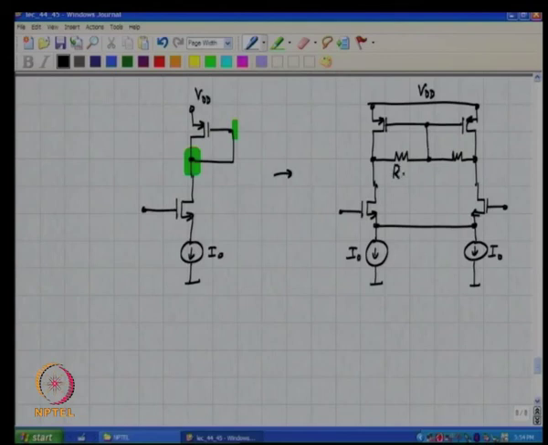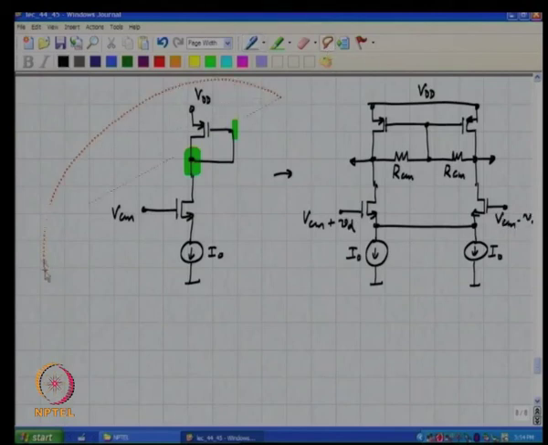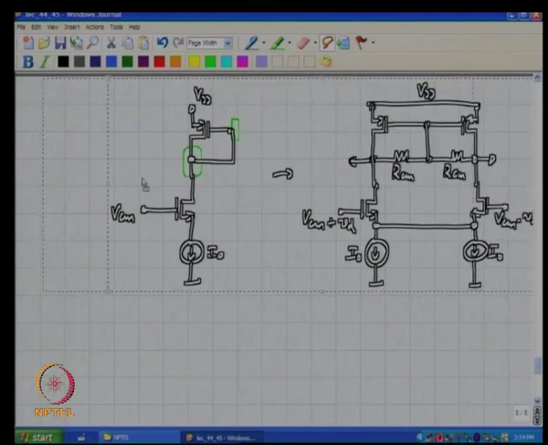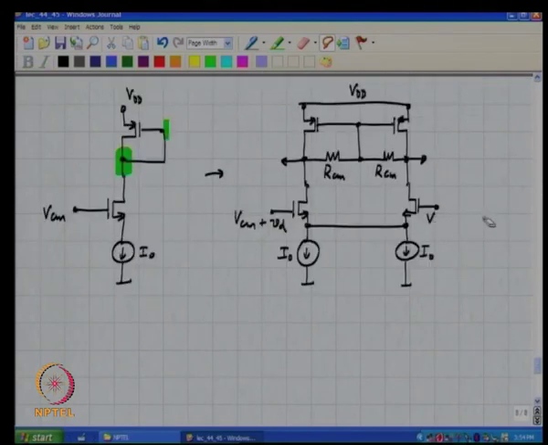So, if I now call this RCM, the incremental gain is simply GM times RCM.